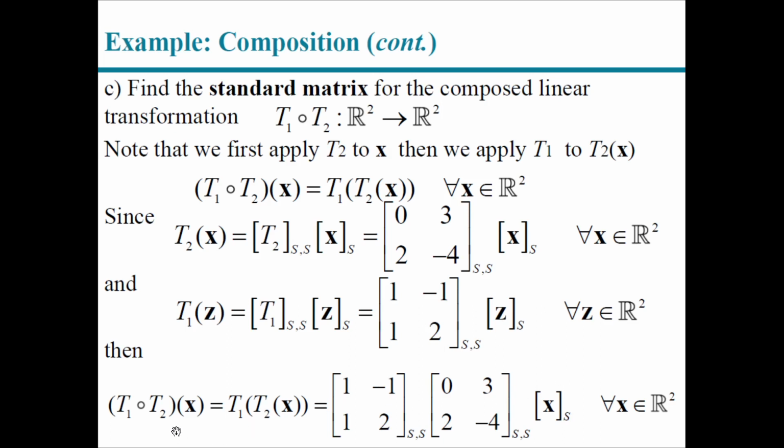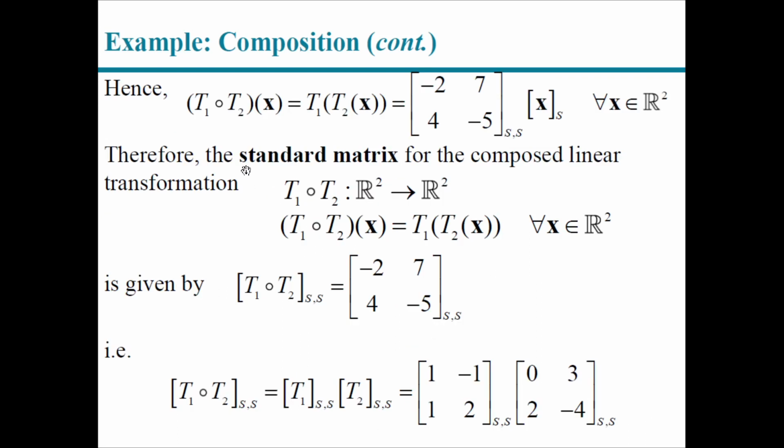So the order is actually preserved, you see. T1 circle T2, what you do is you multiply the standard matrix associated with T1 times standard matrix associated with T2 times coordinates of x. So you do the product of these two matrices, and you'll get the standard matrix for the composition. So once I do the product, the standard matrix for the composition T1 circle T2 is this.